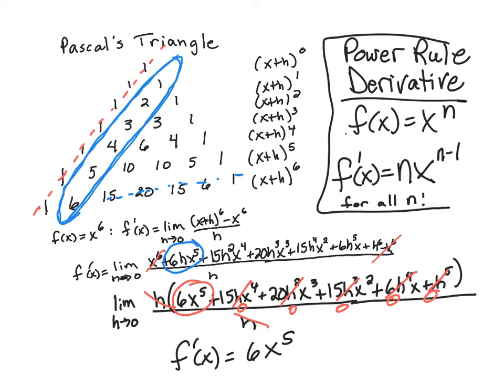By the way, this works no matter what the power is. Positive, negative, fraction, decimal, doesn't matter. You're going to multiply by the power and subtract 1 from the power. It's a very simple rule, and as you start using it, it's going to become like breathing. You're just going to be doing it without thinking about it.